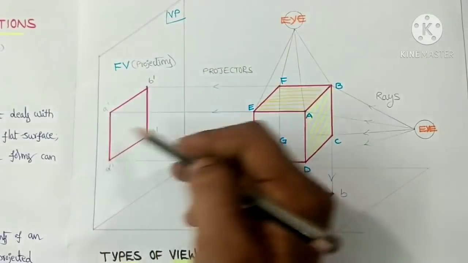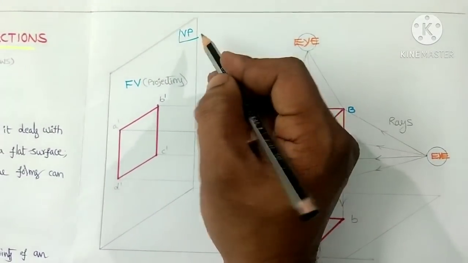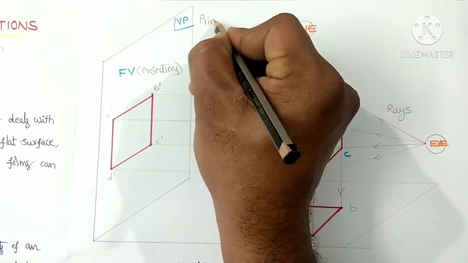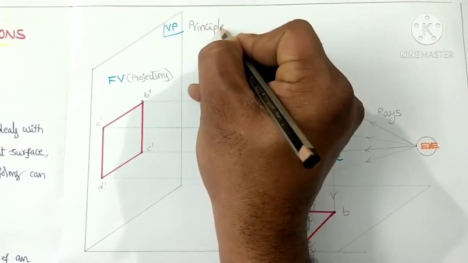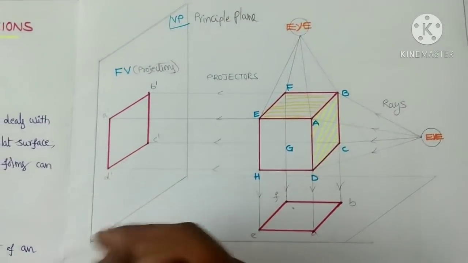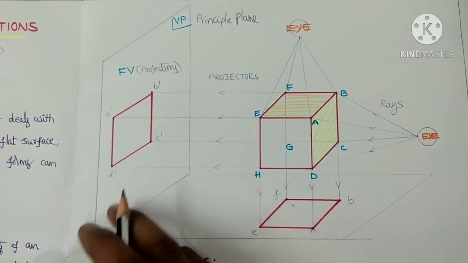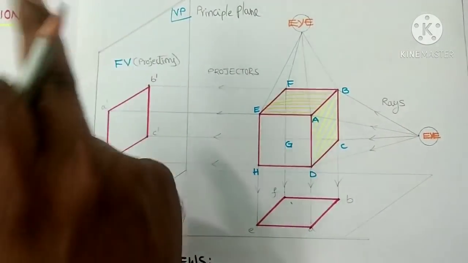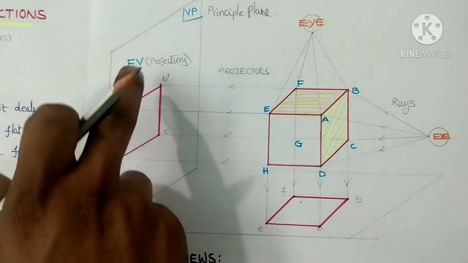And coming to this particular plane, that is called principal plane. This plane is in a vertical direction, so this principal plane is called vertical plane, and always on the vertical plane we will be getting the front view.